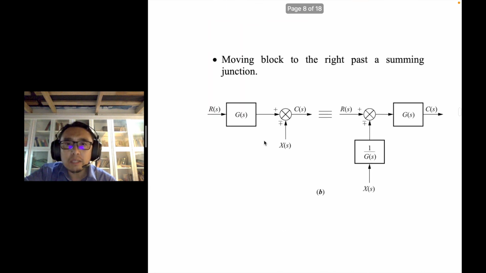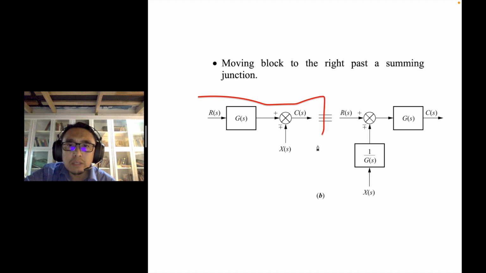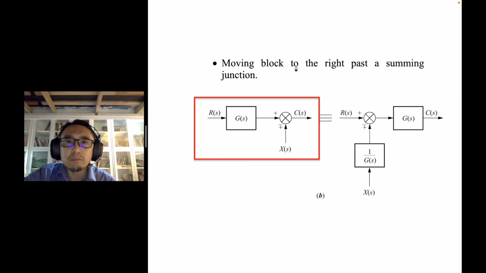So the next one is if you want to move a block to the right past a summing junction. So look at this situation carefully. In this case, we have to move a block to the right past a summing junction.